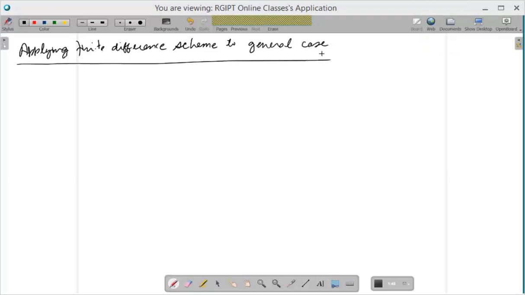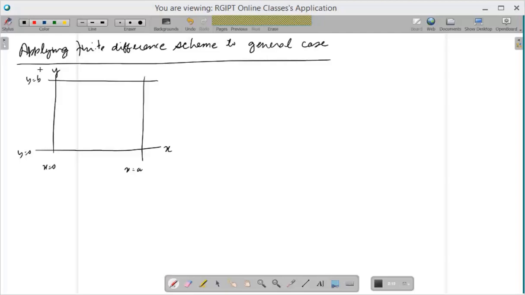Okay, all right, so the general case, I can write it again. We will be having a rectangular domain. So let's say I am looking at a rectangular domain of x and y ranging from x equal to 0 to x equal to a, y equal to 0 to y equal to b, and we are going to divide this.